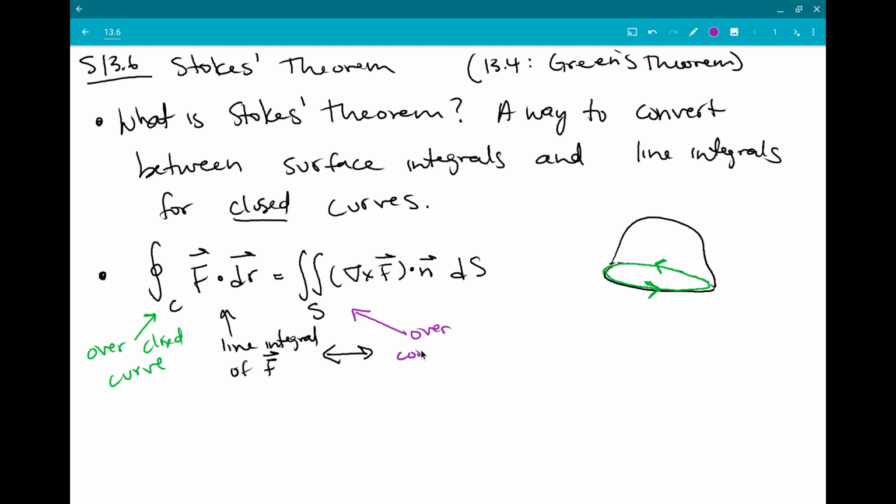There's an example, the wobbly thing I drew to start. Another example would be this one at the bottom. Either one works, as long as it has an edge and the edge is the green curve. So your surface should be open. Here's one example of an open surface, like a hat with a hole in it.